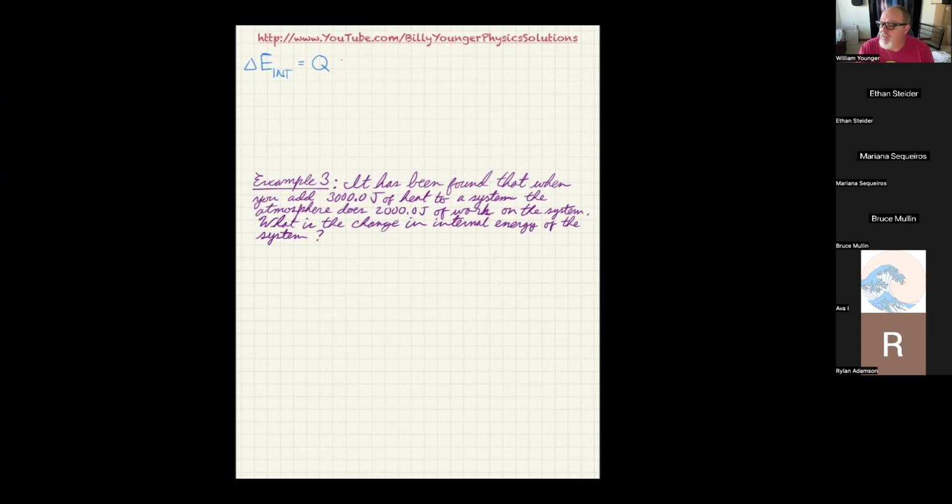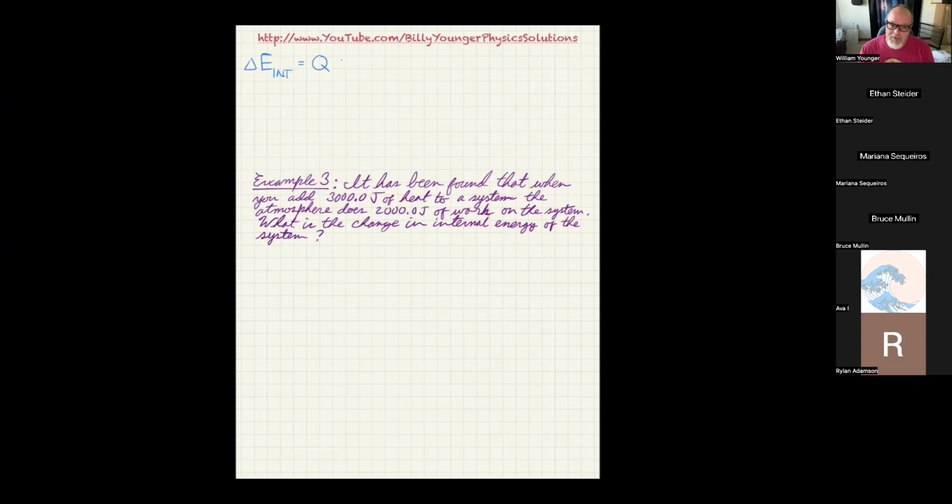For instance, if you added heat to an ideal gas without changing its temperature, then that heat must go somewhere else, because the internal energy for an ideal gas only depends on the temperature. If you added heat and the internal energy did not go up, because the temperature didn't go up, then where did it go? Well, it could also go into doing work.